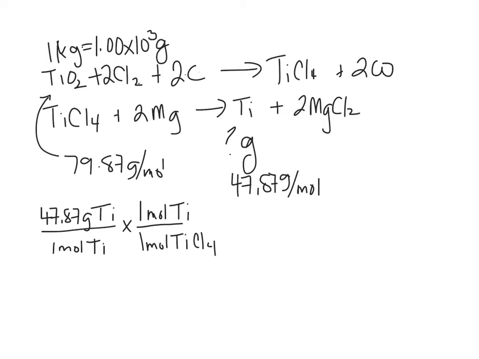So what we just did is product to reactant. That reactant happens to be a product in the previous equation. So, what is the ratio of the product, titanium chloride, to titanium oxide? It's the mole ratio.